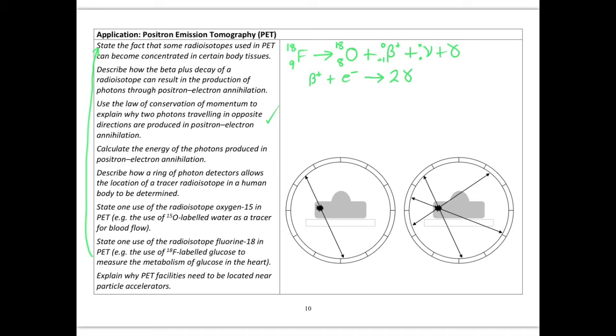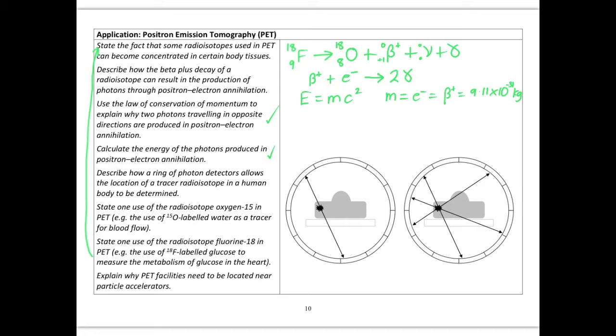Now, we can actually work out how much energy these photons have using E equals mc squared. And we know, in this case, the mass of an electron equals the mass of a positron or a beta plus particle, which is equal to 9.11 times 10 to the minus 31 kilograms.